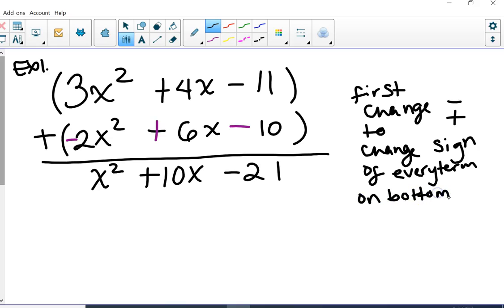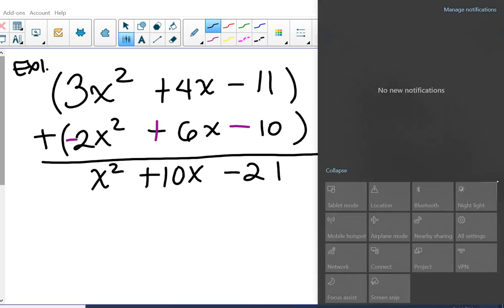Then you just go and add. Alright, let's do another example.